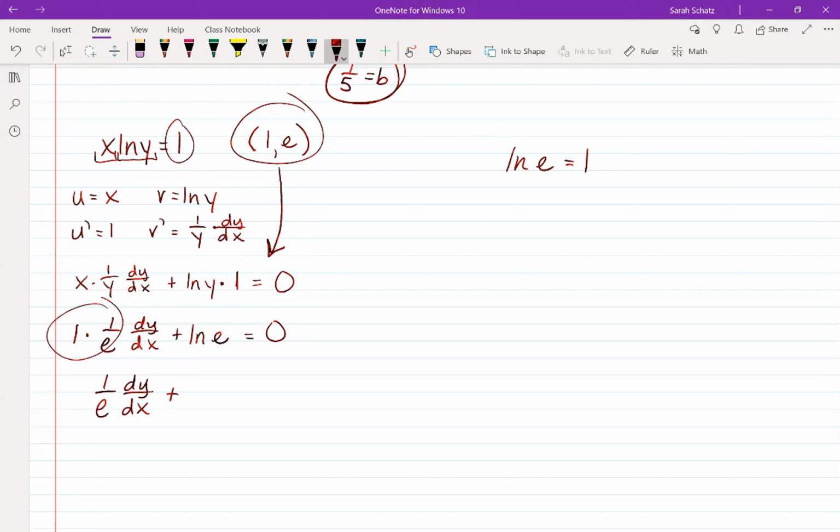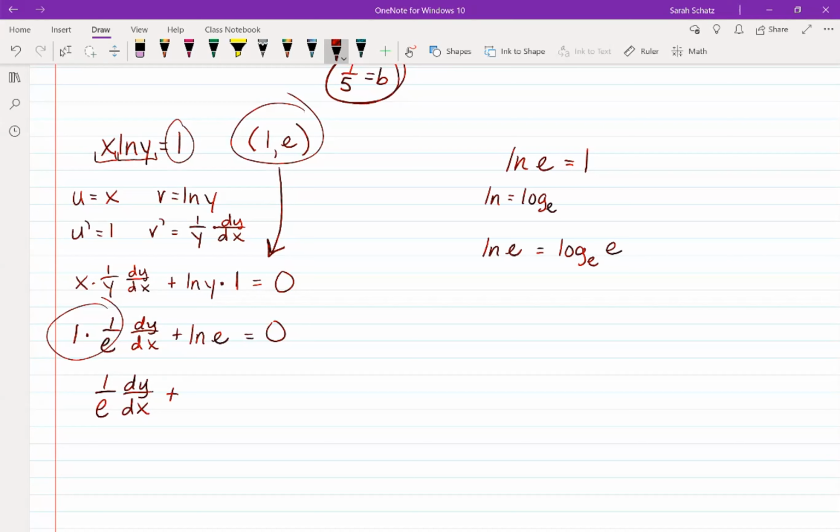If you want a background for that, and it's okay if you don't, I'm going to give the background so you believe that what I'm saying is true. Remember what natural log is? It's really the log base e. But if we're taking the log with a base of e, we just say natural log instead of log base e. So the natural log of e, written another way, is the log base e of e.